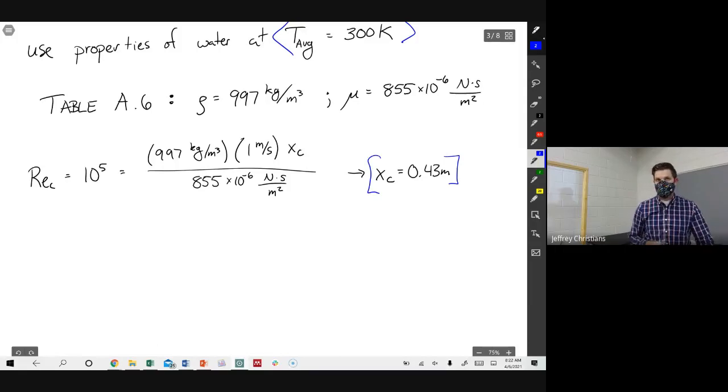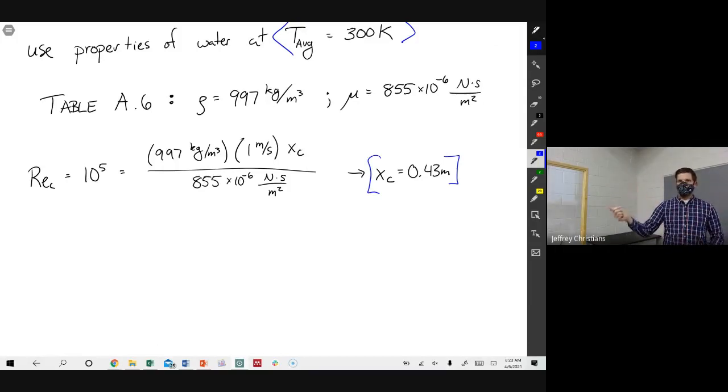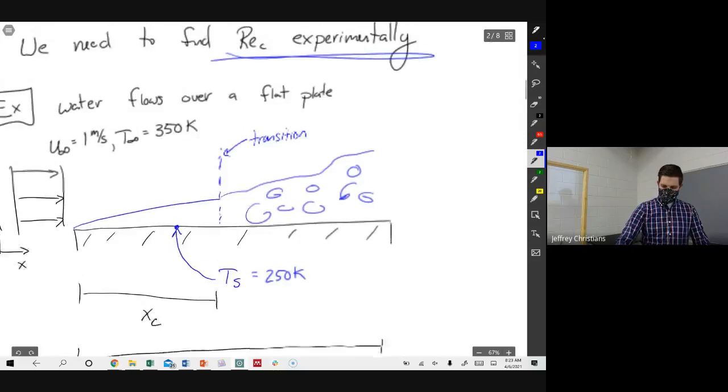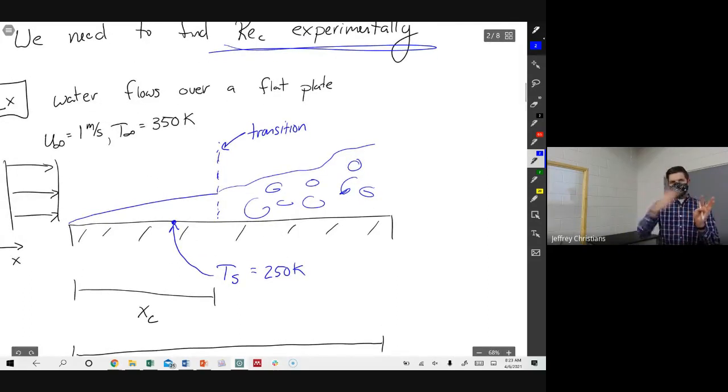So about 2/3 of the way down the plate, we're going to get the transition from laminar to turbulent. We get 0.43 meters of laminar flow, and then we'll flip, and the last third of the plate, the last 0.18 meters, will be turbulent.